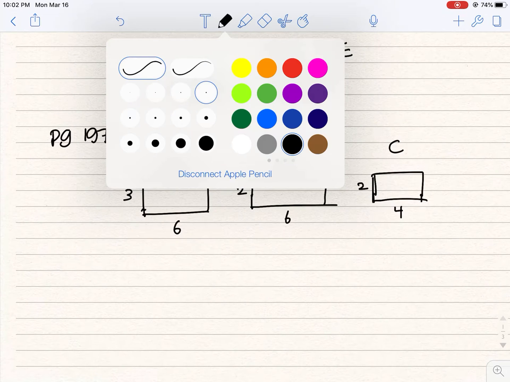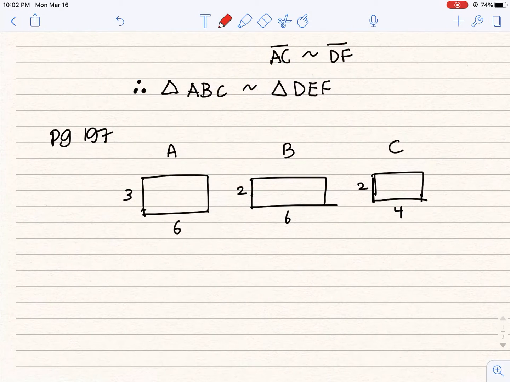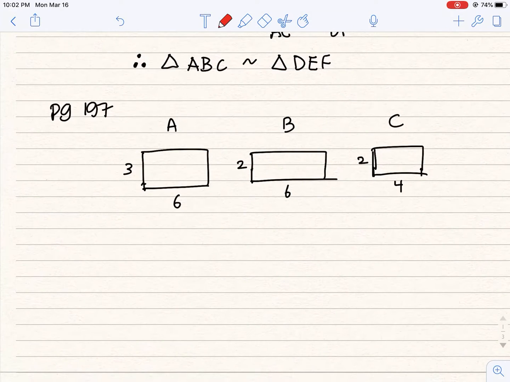So what I'm going to do is compare. Let's do A and B. I'm going to first look into A and B. So I'm going to put all the A's on the top and all the B's on the bottom. Okay, so A on top, B on the bottom. First side, I'm going to look into 3.